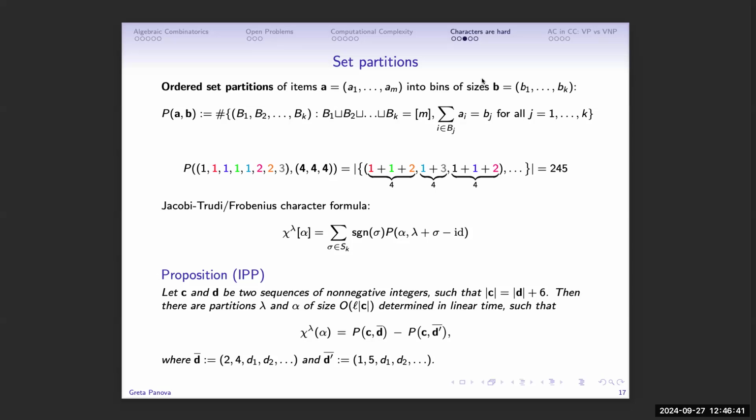And then we can find lambda and alpha that are not much bigger than that, such that the character is just the difference of these 2 set partition functions. So they're the same items, but the bin sizes are just different by this. Like one has 2, 4 something, one has 1, 5, and something. So it's a difference of 2 set partition functions.